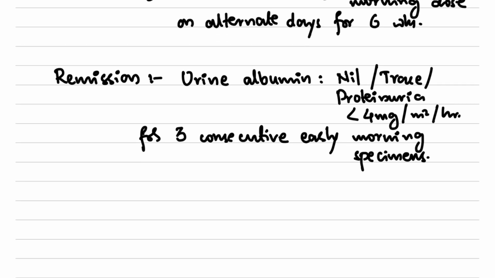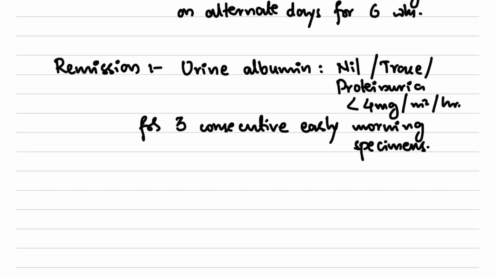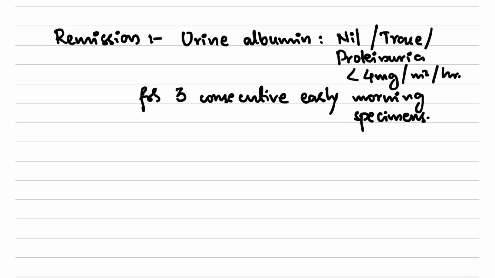So we will tell that the child has a remission whenever there is urine albumin coming as nil or either trace, or the proteinuria is less than 4 mg per meter square per hour for 3 consecutive early morning specimens.